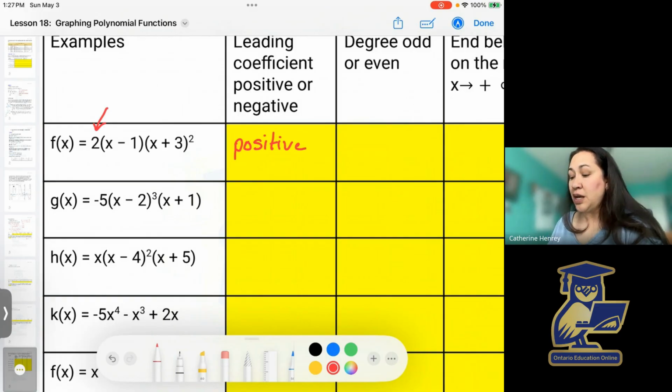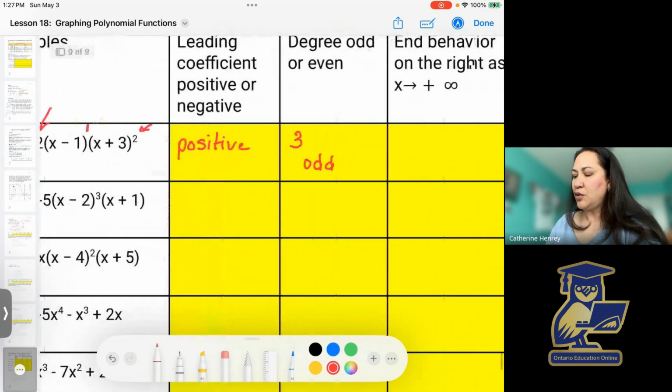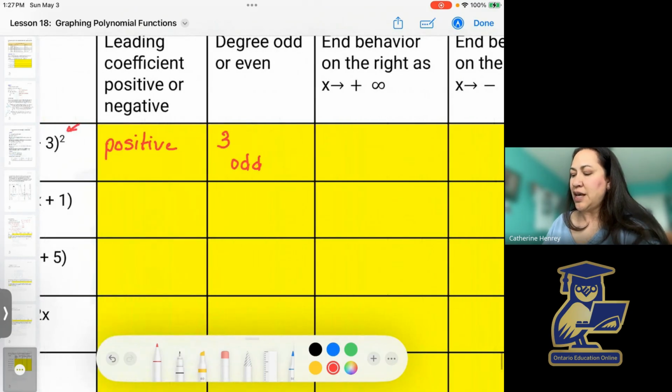The degree, again, remember when we don't have anything shown, it's really a 1. And so 1 plus 2, which is the degree on the second bracket, that's really a degree of 3, which is odd. So a positive leading coefficient means that as x approaches positive infinity, y also approaches positive infinity.